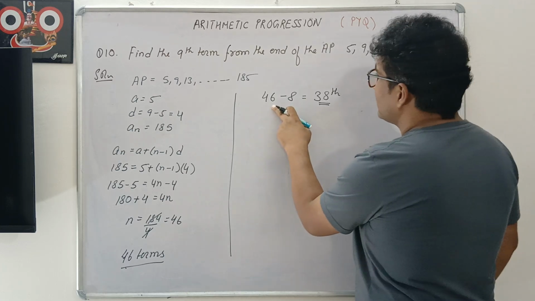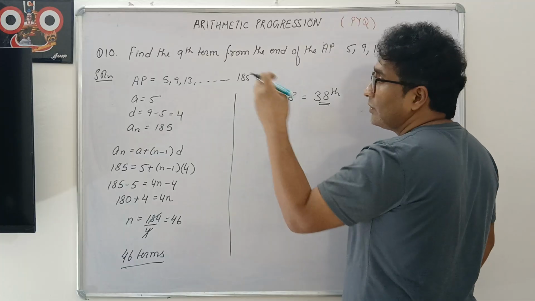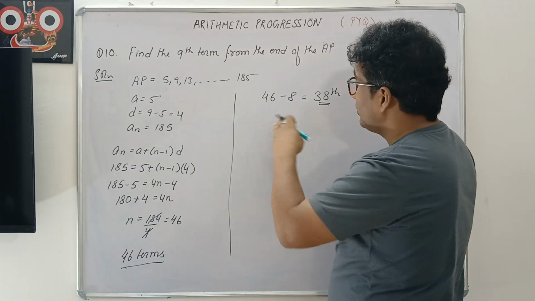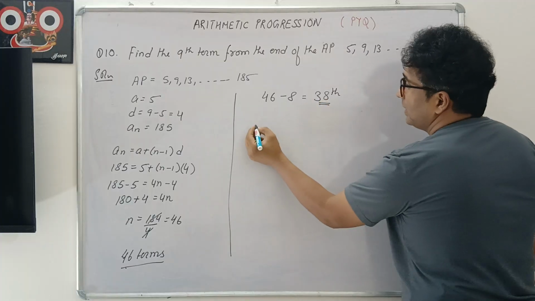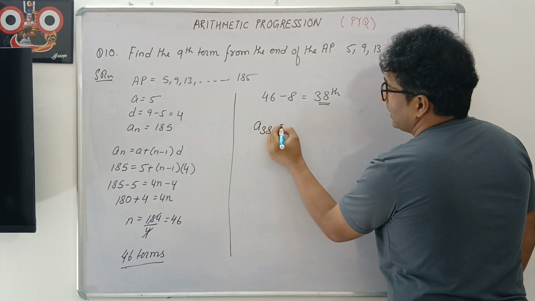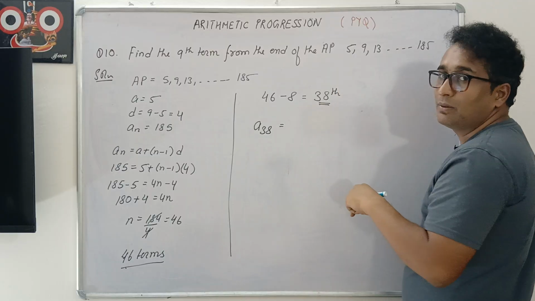Because total terms are 46, you have to find the 9th term from the end. That means you have to skip 8 terms, then you will get the 38th term, correct. So the 38th term from the beginning is your 9th term from the end.